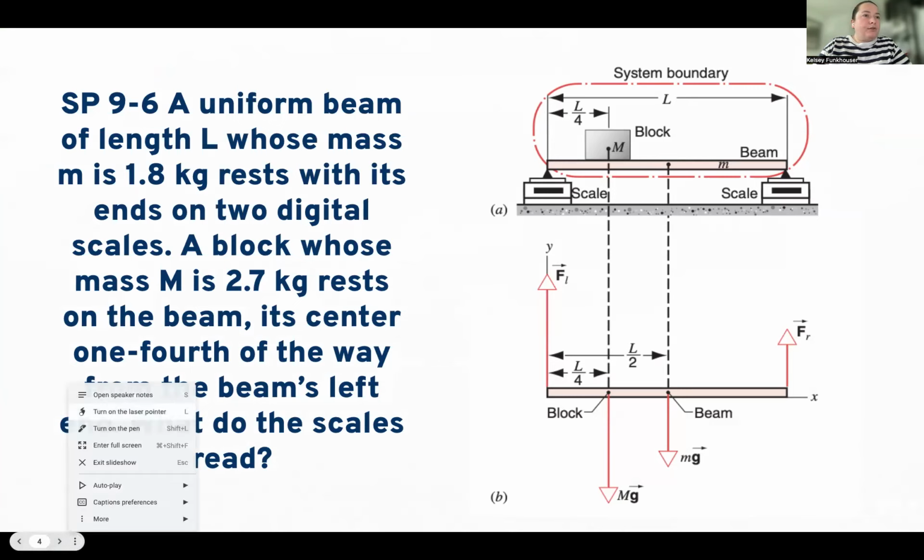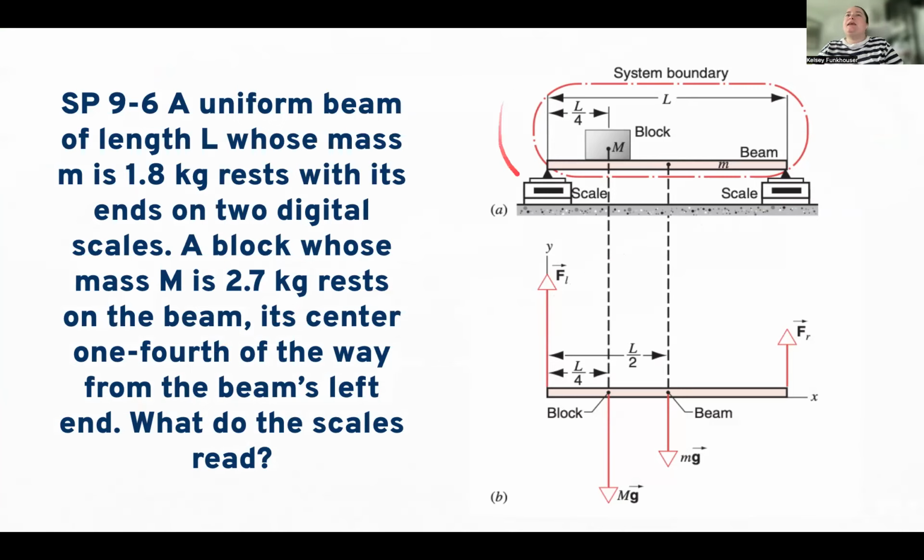And we're gonna go through this problem, but first they gave us a nice diagram. The textbook talks about labeling your system boundaries. So the system is the beam itself, not really the scales. The scales just apply a force to the beam.